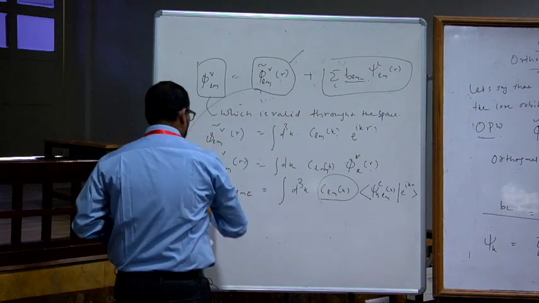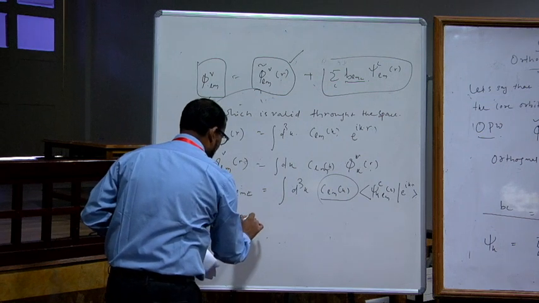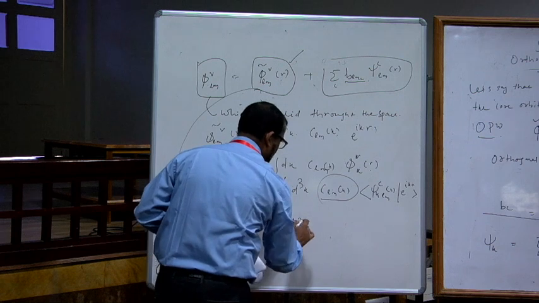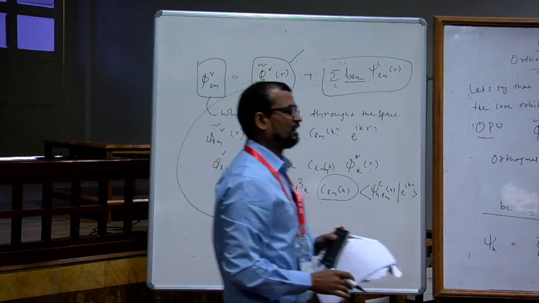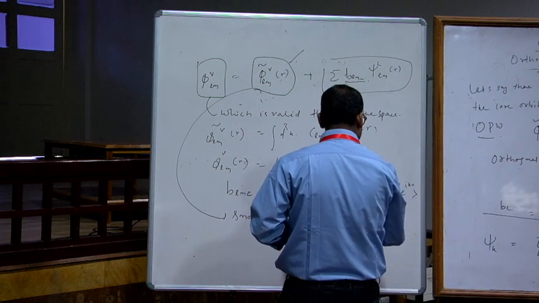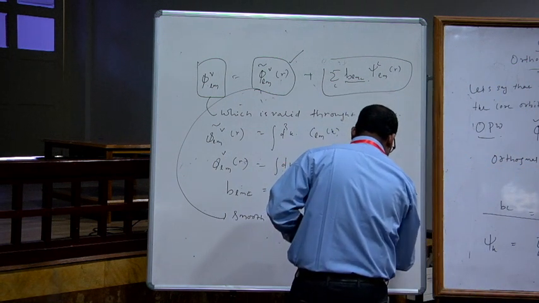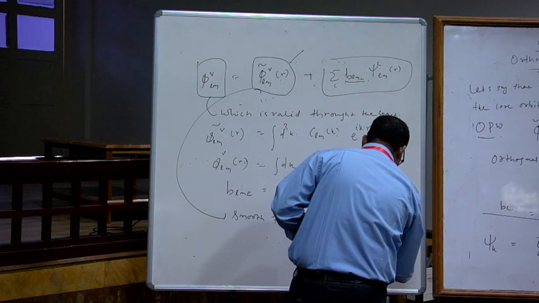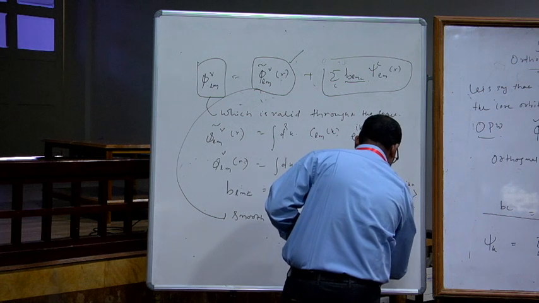Now you'll find that this is a very smooth function, defining the wave functions outside the sphere, the sphere with some radius RC. Okay, this contributes more inside or within the sphere.